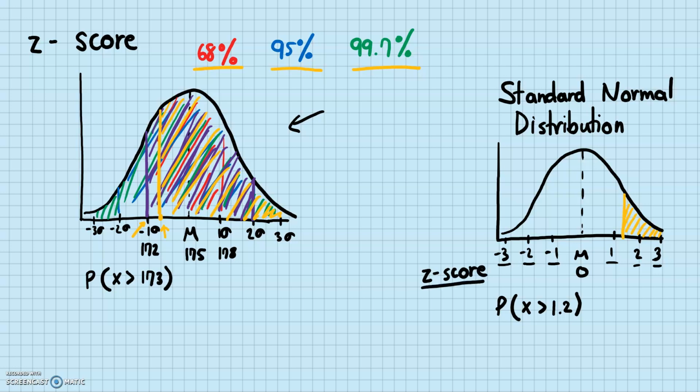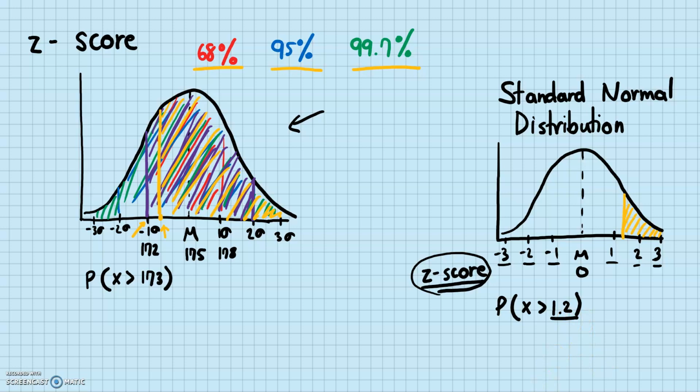So if we know the z-score, then we can also find the area under the curve. So for example, in this case, the z-score is 1.2. And we'll need to use a table to find the area under the curve for that z-score.